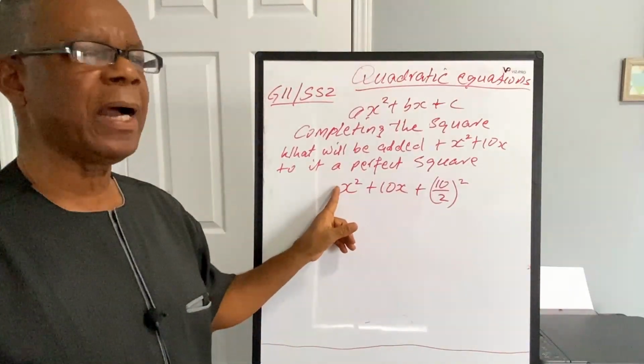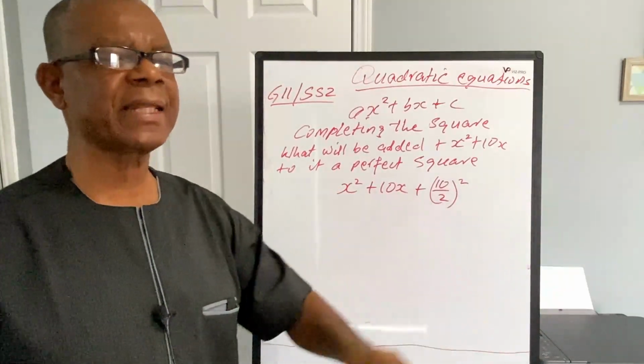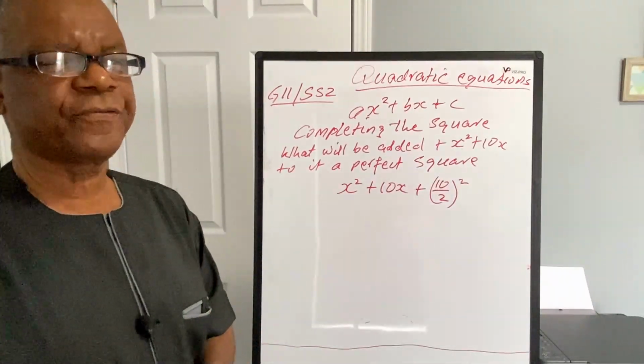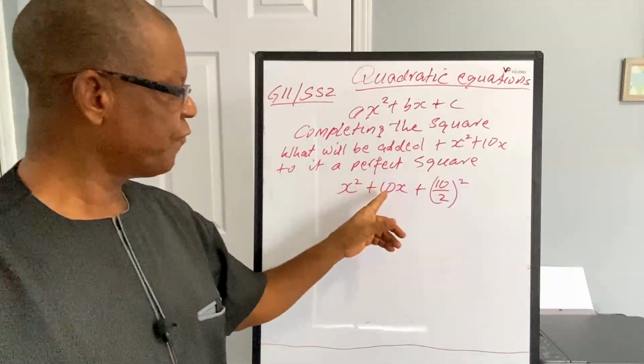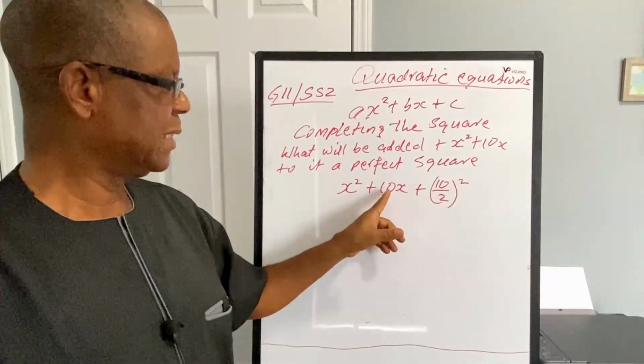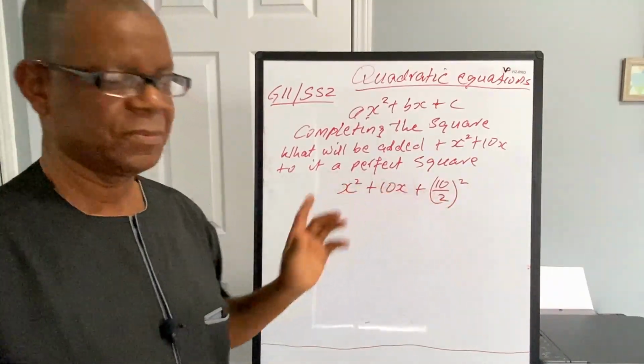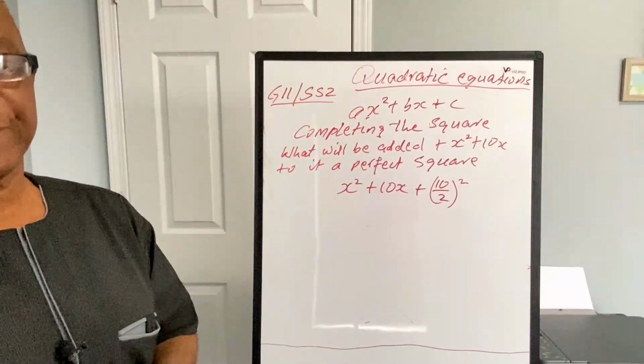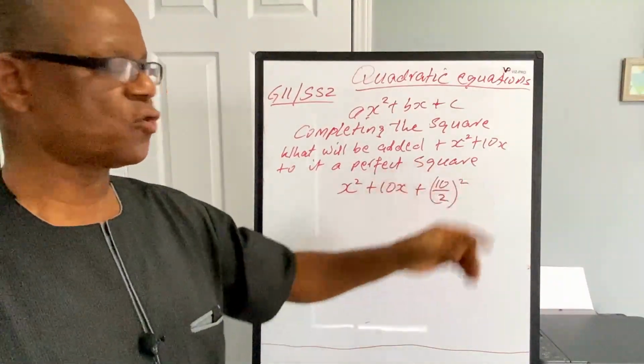If it is more than 1, you first of all divide every item by that coefficient, before you apply the square of half of the new coefficient to the expression to make it a perfect square.